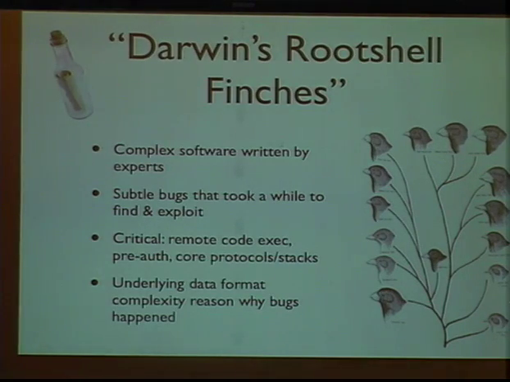In each of those cases, we see that a mistake was sort of inevitable because the underlying data format was actually hard to parse. It required much context in order to parse it. And at some point, that context was lost, and an assumption was taken, and that led to pwnage.